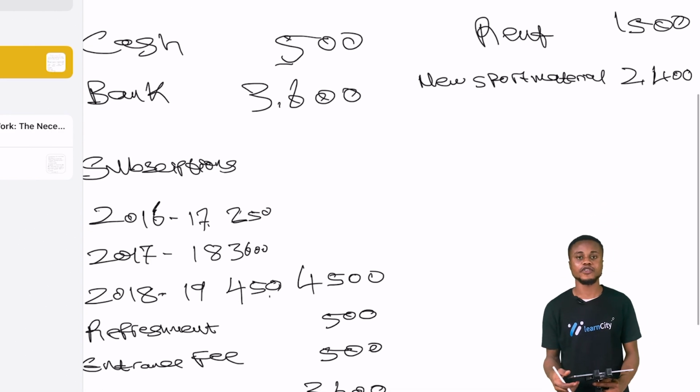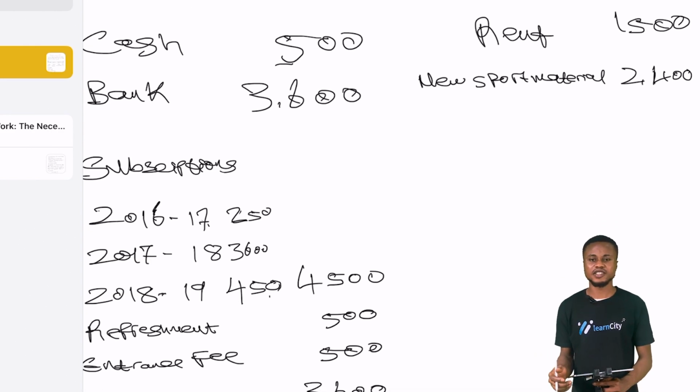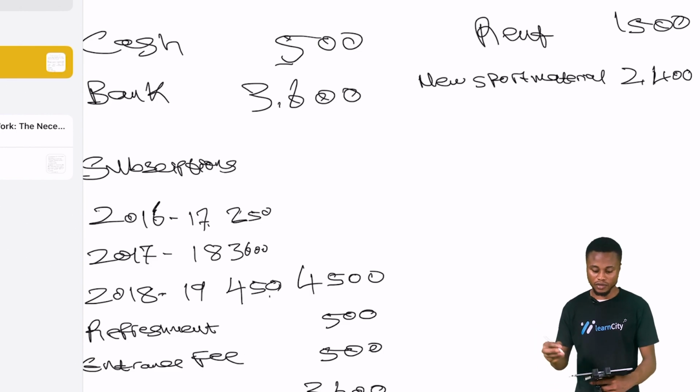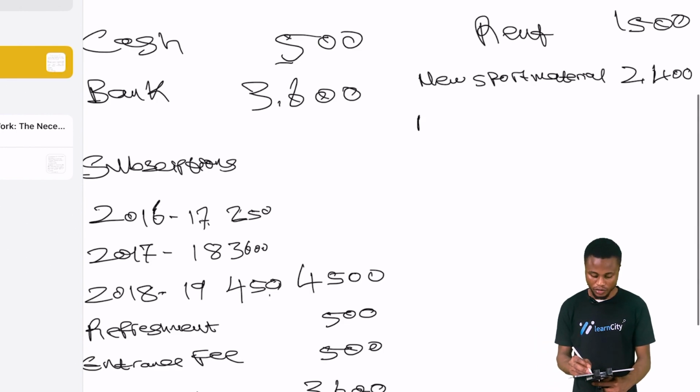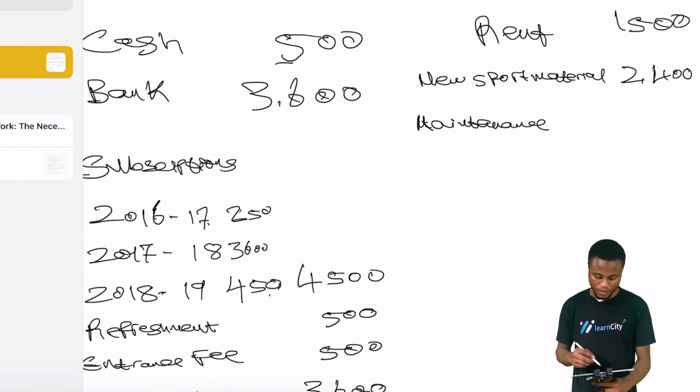Going further, the maintenance expenses that is attributed to them is 1,000 naira. So you bring it to the credit side. Sorry guys, let me write it so it can be easy to see.